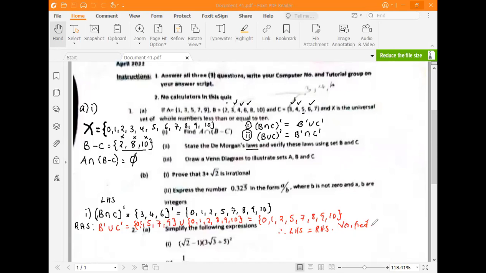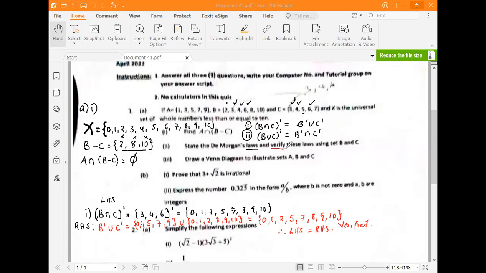I wanted to ask, so if in the sentence they use the word "and", meaning they're talking about intersection. And when they say verify, they have not said prove.